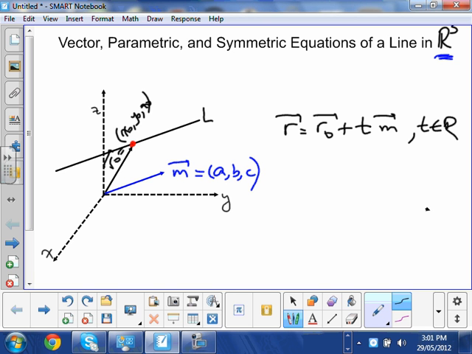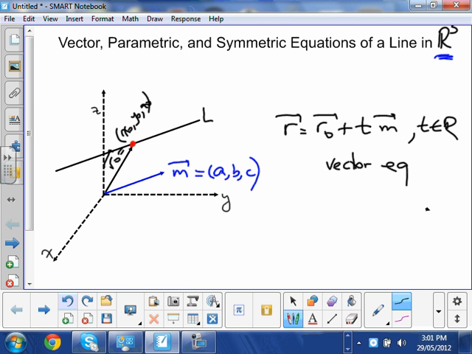So I go to the line with R0, then I add multiples of M, say 0.4 of M, and all these points. You can generate any point on the line. Good. So there you have your vector equation of the line.